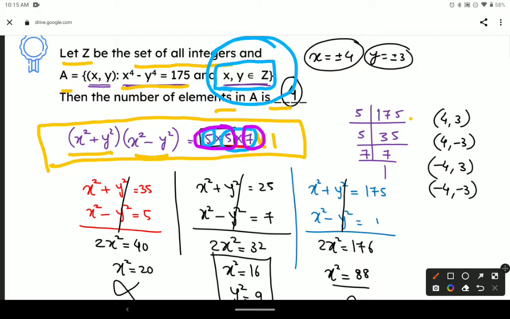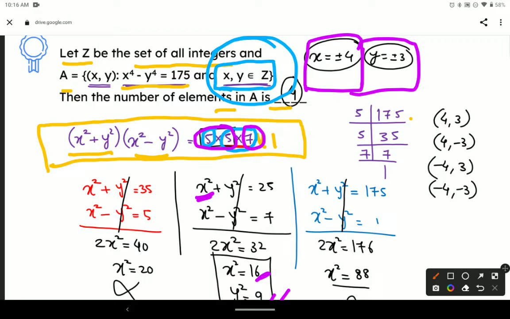If x square is 16, by substituting it here, y square results to be 9. That means x is plus or minus 4, y is plus or minus 3. So x has two values and y has two values. For every x, there are two values of y. So 2 into 2, 4, totally 4 ordered pairs we obtain.